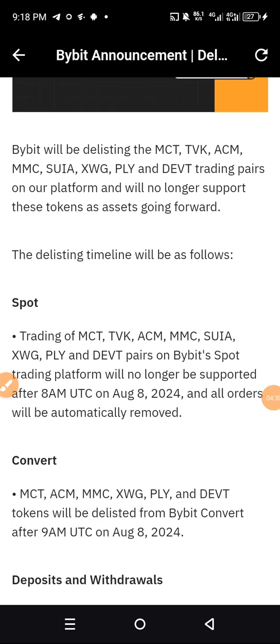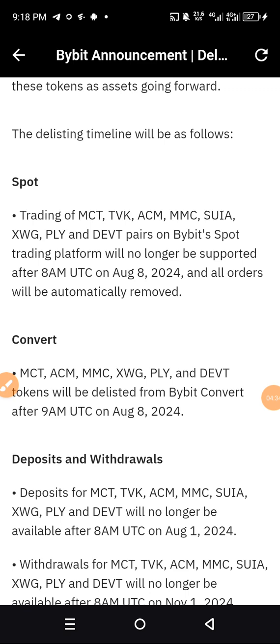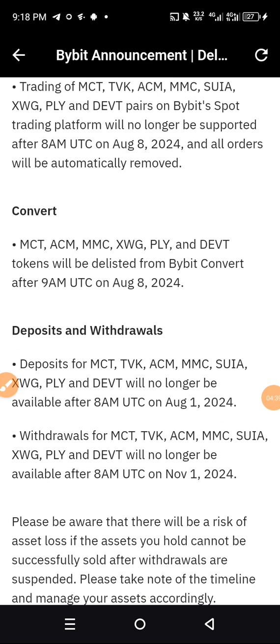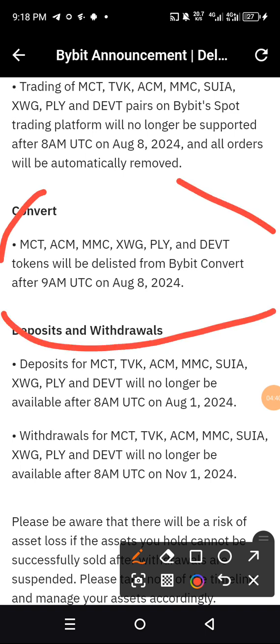Reading further, the delisting timeline is as follows: spot trading will be delisted, all of this. Convert, there will be no convert available for those coins.